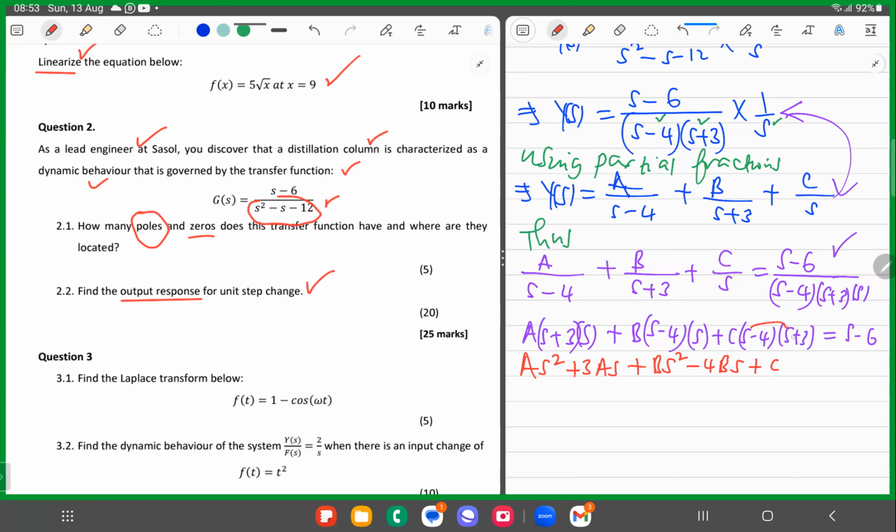So S by S is S squared. We multiply by the A, and then you multiply S times 3, which is 3S, minus 4S, which is minus 4BS, minus CS, minus 12C, okay, is equal to S minus 6.